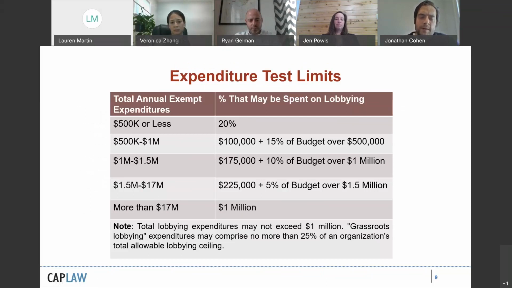Important to point out, if your total annual expenditures exceed 17 million, no matter how high you go, you're still only limited to $1 million for lobbying. So be aware of that. If you are a millionaire or billionaire organization, that's still going to be your limit.